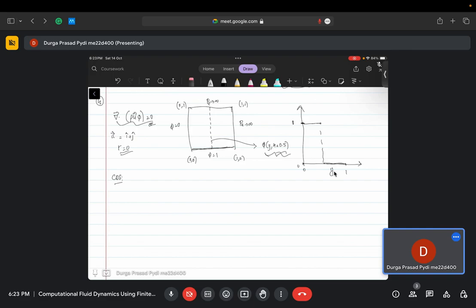If I write the coefficients, you have something like this.